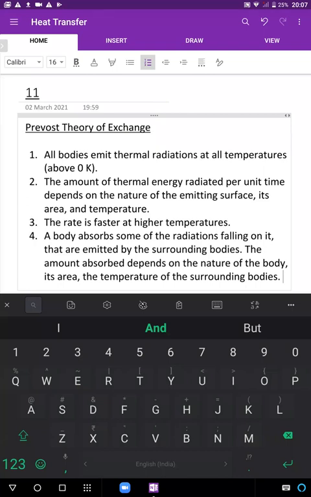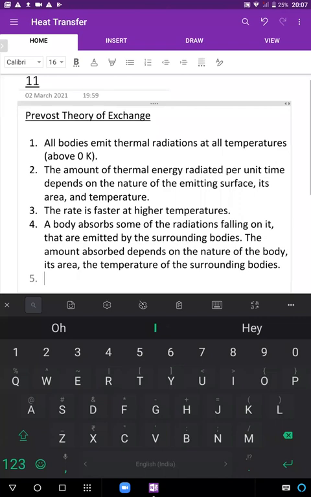How much it absorbs depends on the nature of the absorbing body, that body's area, and the temperature of the surrounding bodies. Any doubt till point 4? It doesn't depend on the mass, only on the surface area. It does not depend on the mass.